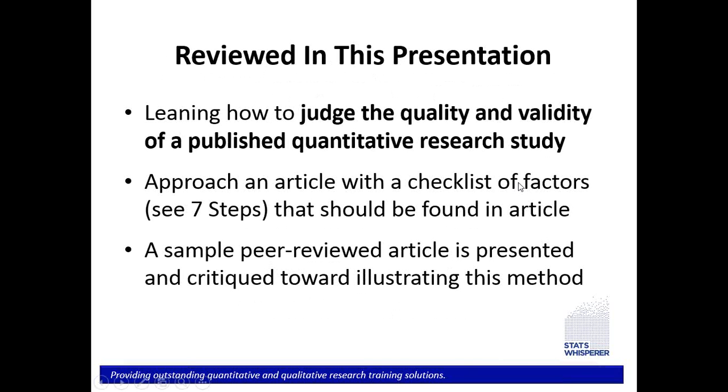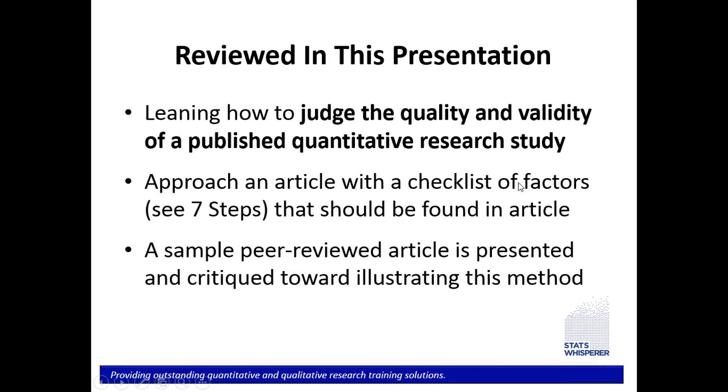Okay, now, in this presentation, we are going to review how to judge the quality and validity of a published quantitative research study. We're going to take an approach to the article with a checklist of factors that should be found, right? And we're going to reference the 7 steps as a guide to what these factors should be.